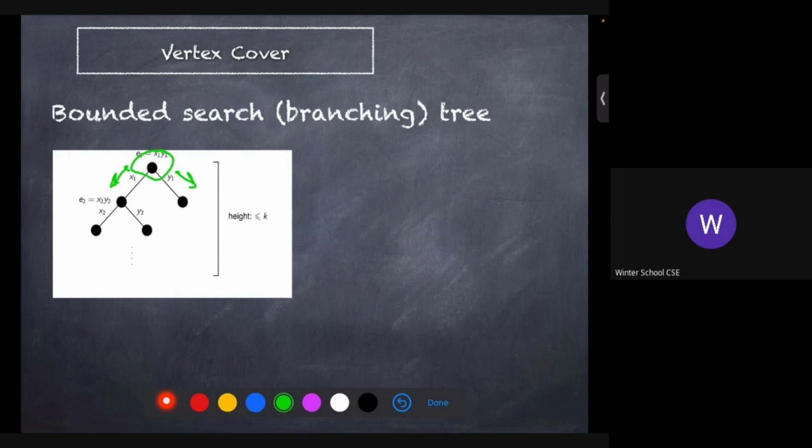In this example, in this branch I stop branching, and in this branch I continue with another edge. So what is the height of this tree? On every level, I reduce my parameter k by 1, so I cannot go more than k floors below in this tree. This means that the height of this tree is at most k.